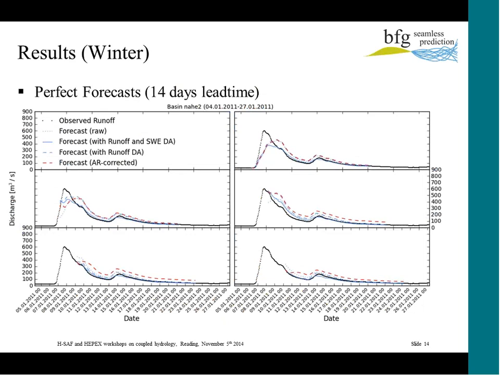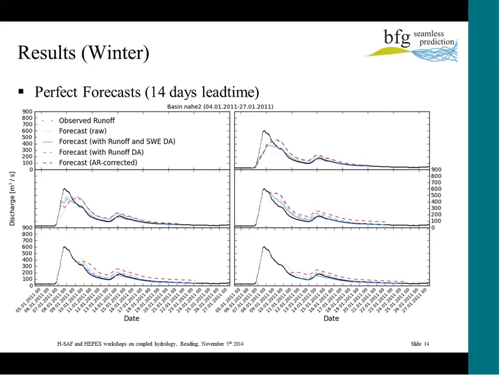And we are comparing observed runoff with open loop forecasts without any modification of the simulation results. Also, we take into account some corrected simulation results for which we used a simple autoregressive model to correct the model error which was observed in the past.